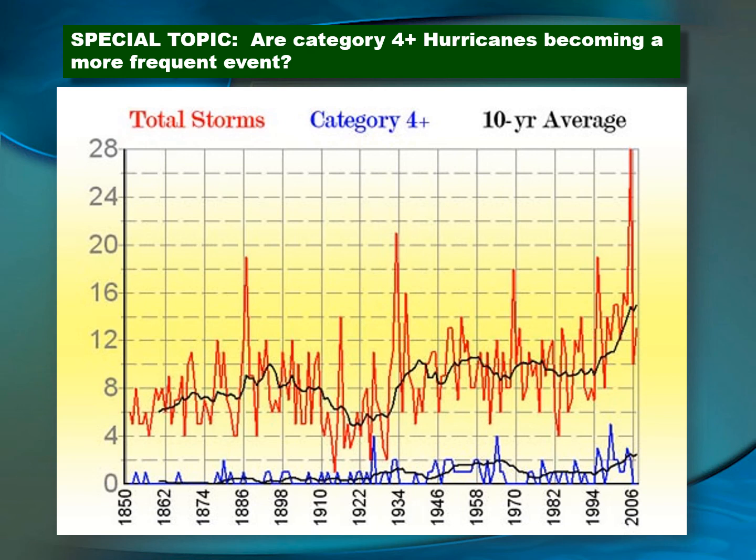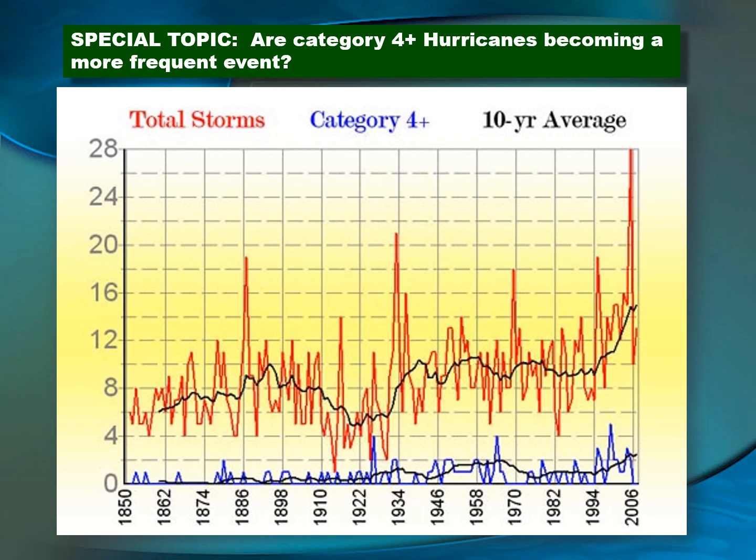I got to figure out how to read this. Okay, in red you have the total number of storms. In blue you have the total number that are category 4 or 5. In black they're just averaging a 10-year average.